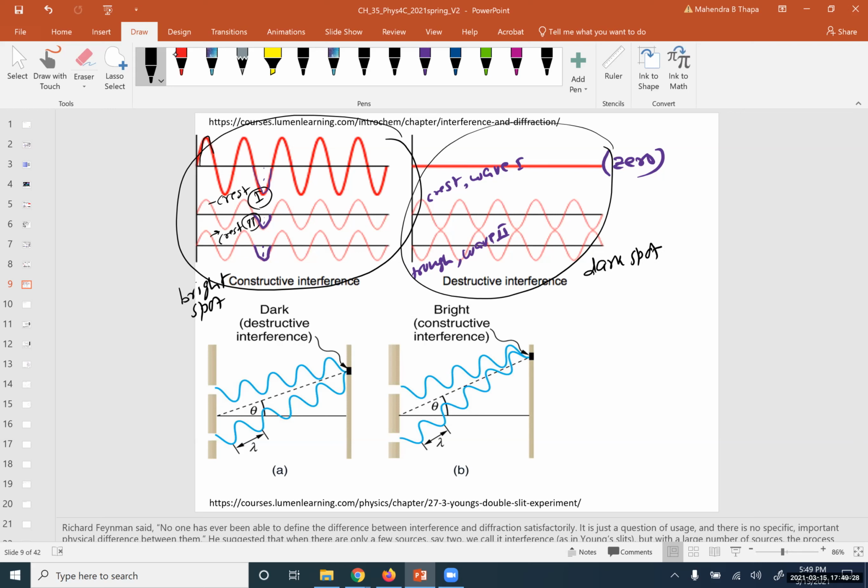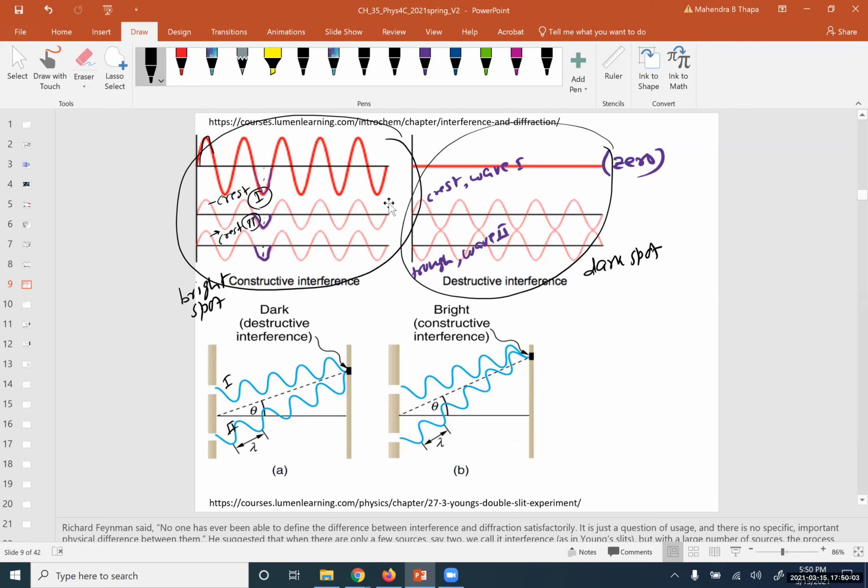So we see here that if the first wave and second wave reach a particular point with a path difference equal to this value lambda, then we get the destructive interference. For the constructive interference, just like before, crest and crest will be at the same point.